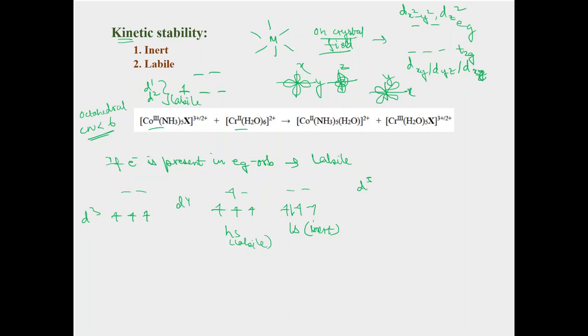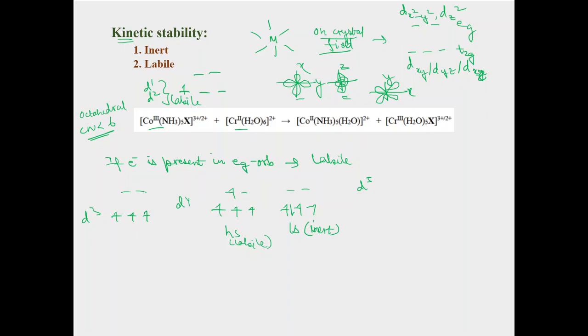And in octahedral crystal field, the ligand approaches the metal from the axis. Whenever there is an electron present in the Eg orbital, we can see that this dx square minus y square is like this, and the dz square is like this. That is, the lobes are present on the axis, right? So whenever electrons are present in that Eg orbital, the complexes are labile in nature.